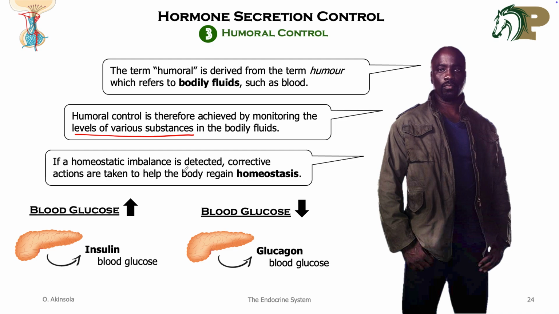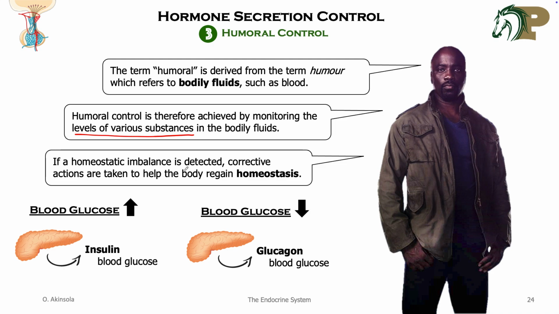So just kind of looking back, in neural control, the cause of stimulation for a gland to release a hormone comes from the sympathetic nervous system. Okay? In hormonal control, the stimulation for an endocrine gland to release a hormone comes from another hormone from another endocrine gland.